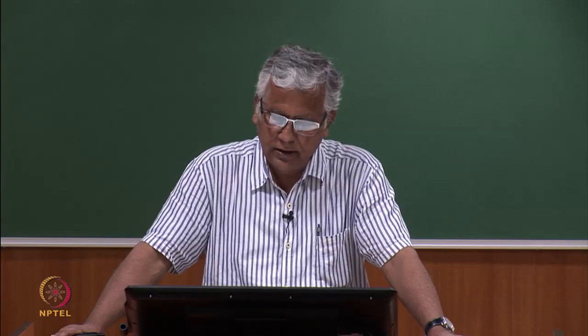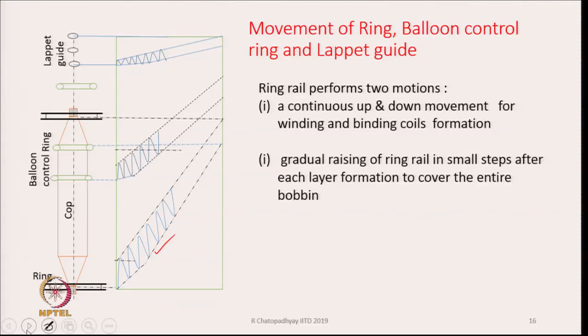And the other thing is gradual raising of the ring rail in small steps after each layer formation to cover the entire bobbin surface, and that is why these are the steps. So, the first layer starts from here, the second layer starts from there, then this layer, then this layer. So, the starting point is moving up and up.